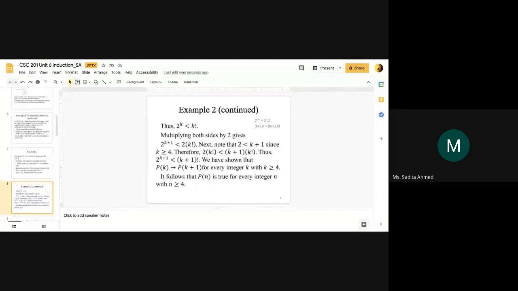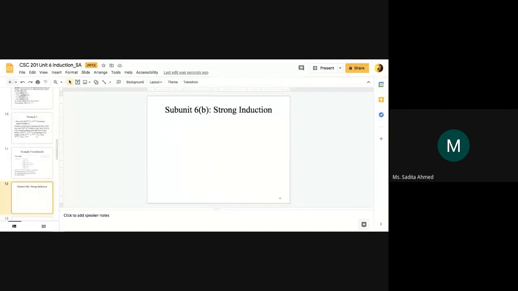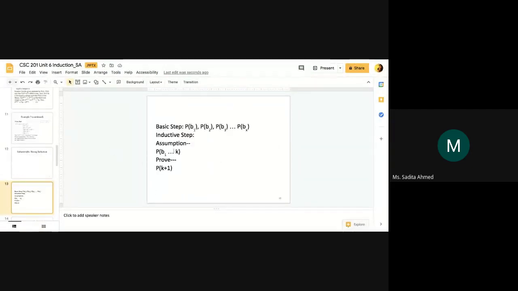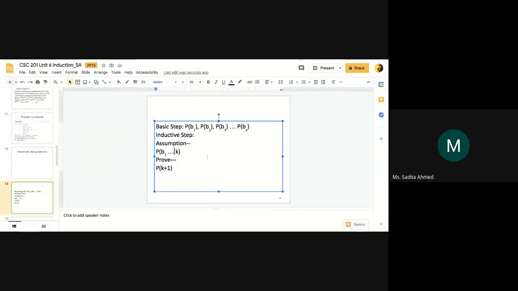Similarly, in strong induction, if we assume that the statement is true for a range of values until before k, instead of until k, what do we have to prove? We have to prove it for the next integer, which is k.